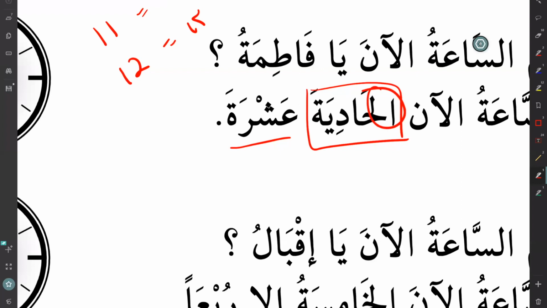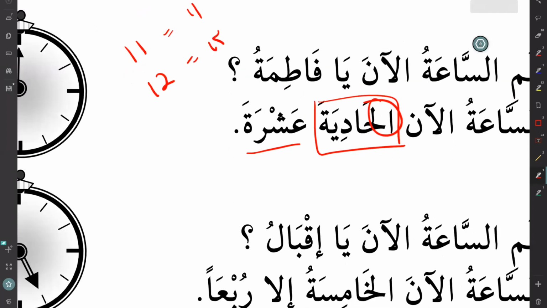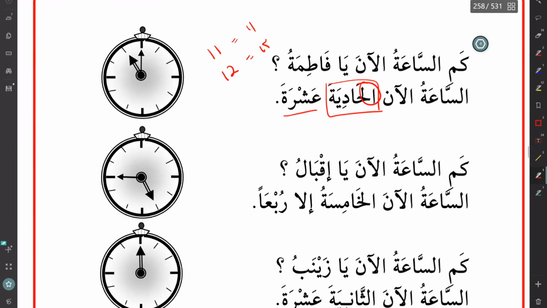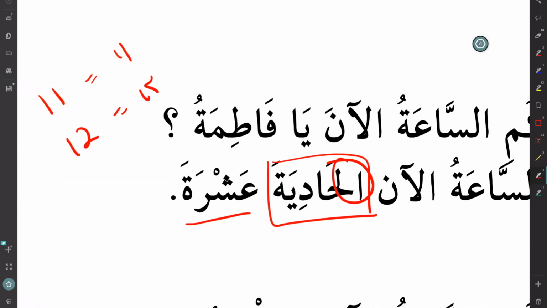Another thing you have to know, subhanAllah, this is really crazy. I told you already that the rules of the numbers are very crazy. When you have compound numbers like 11, 12, 13, 14, they will always be in fatha.